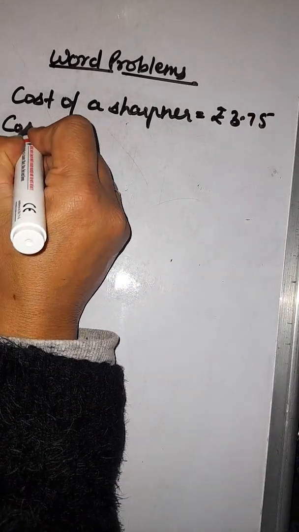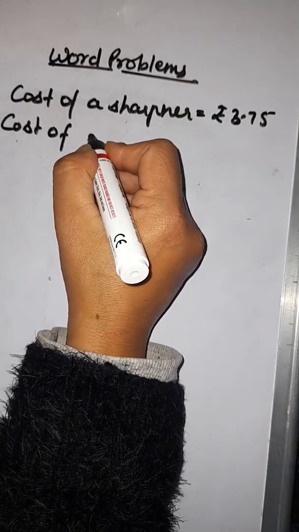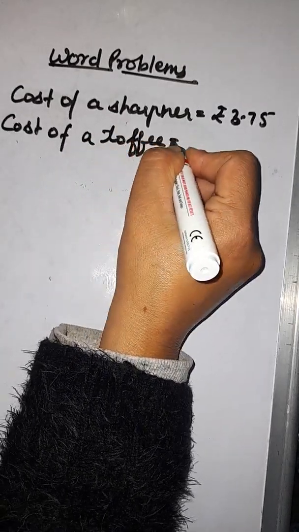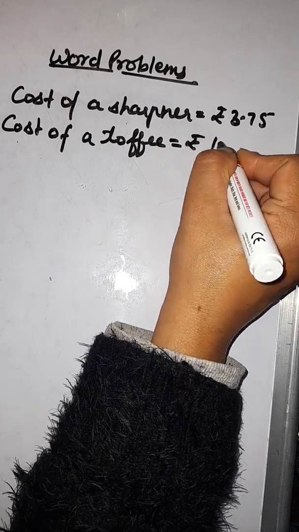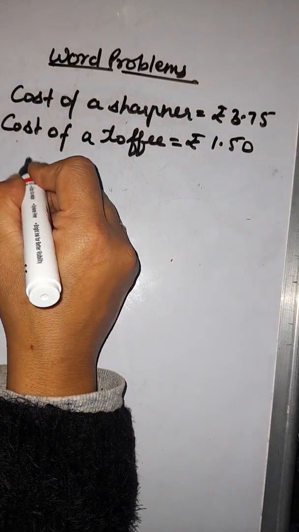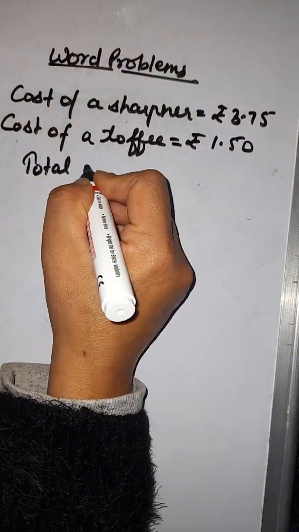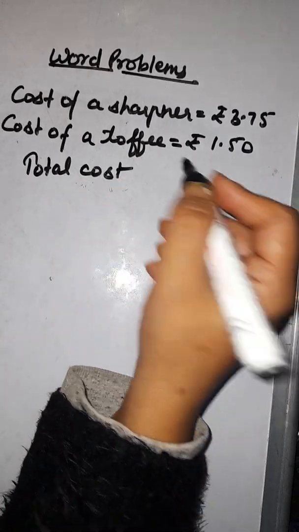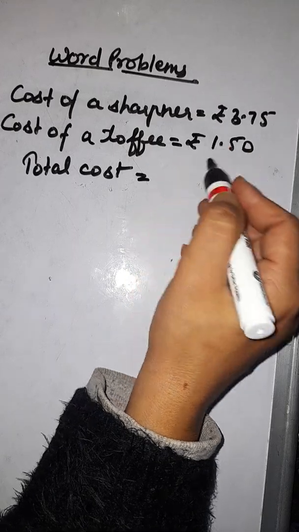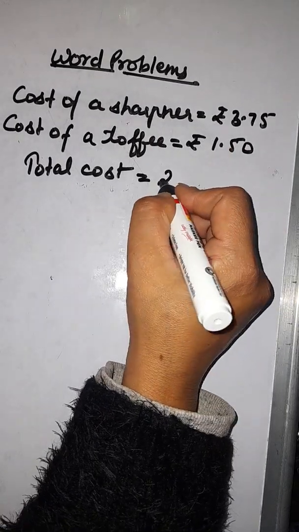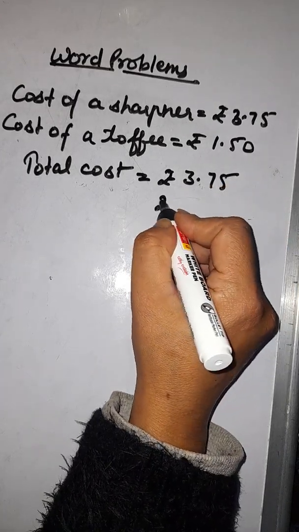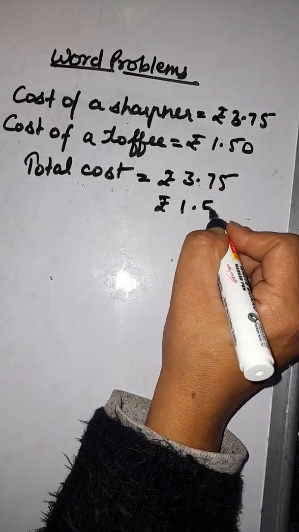Next statement is cost of a toffee is equal to rupees 1 and 50 paise. Now the third statement, total cost. So we'll put both the amounts together. Rupees 3 and 75. Next rupees 1 and 50.